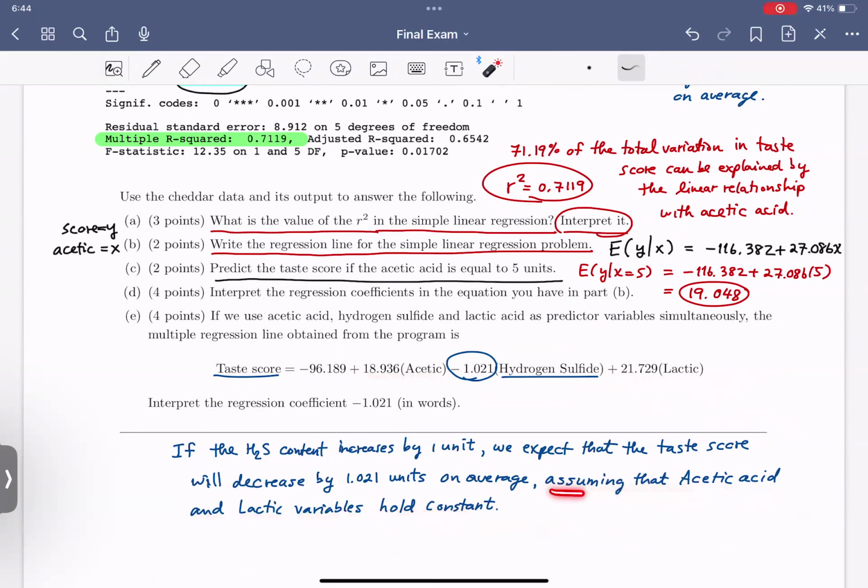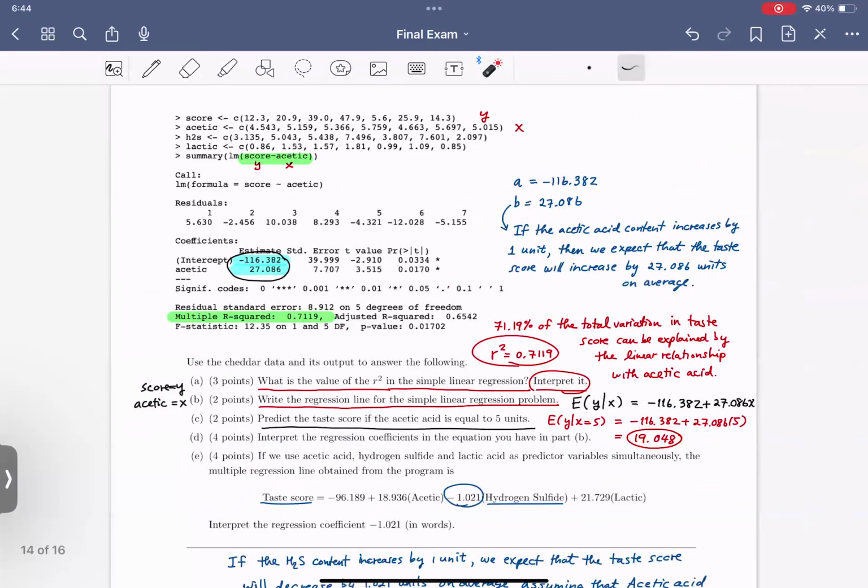In this case, assuming that the acetic acid and lactic variables hold constant, so acetic doesn't change, and lactic doesn't change as well, right? Because the only thing that changes is hydrogen sulfide. If hydrogen sulfide changes by 1 unit, this is the expected change of Y. Okay. All right. So that is how the regression works.